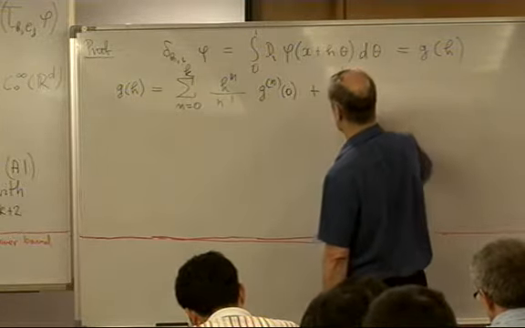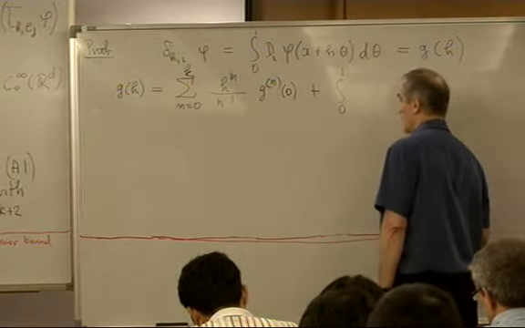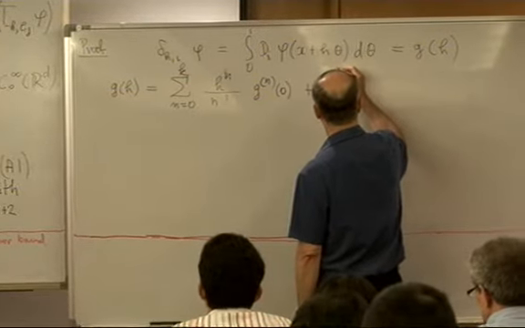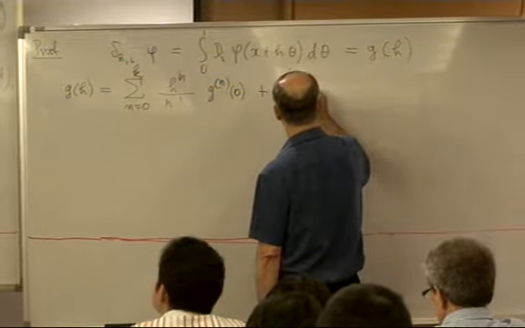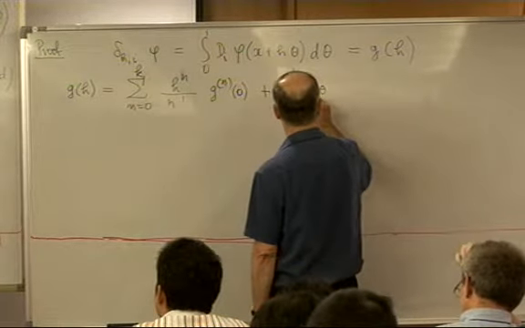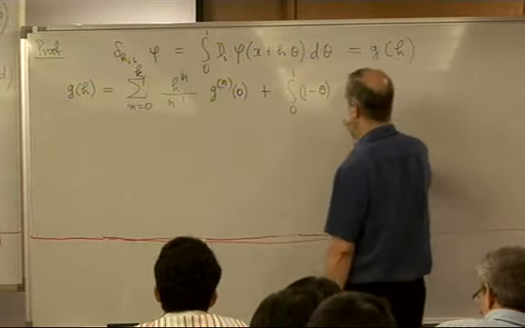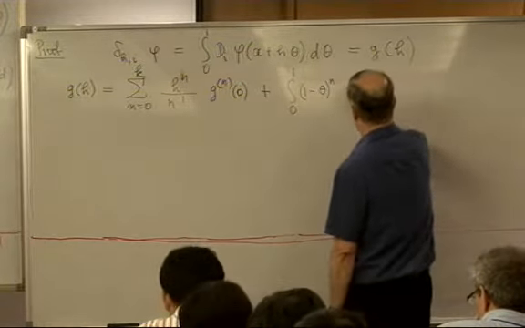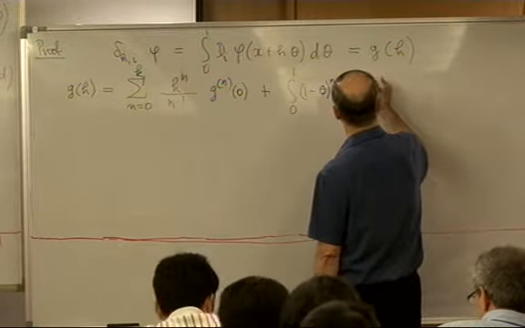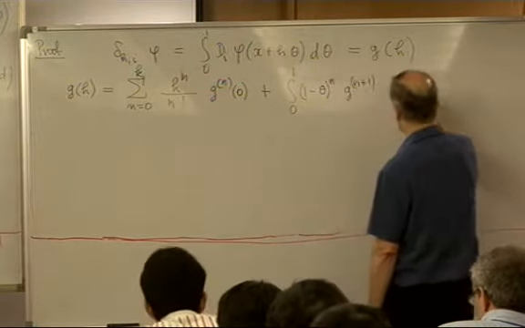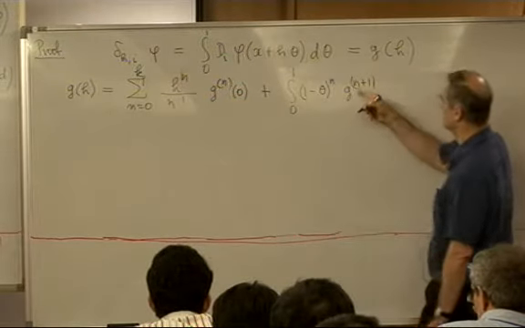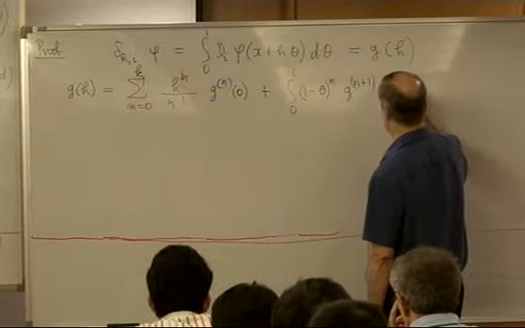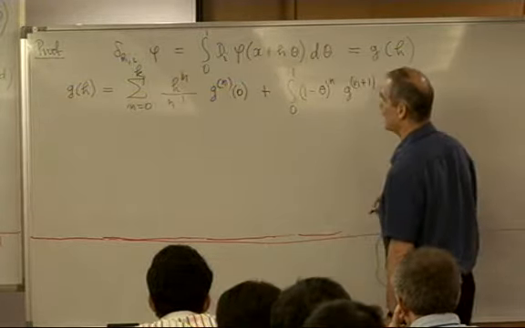So from 0 to 1, instead of writing from 0 to h, then I write 1 minus theta to the k, and then g, the derivative of g of order k plus 1, at h theta d theta.